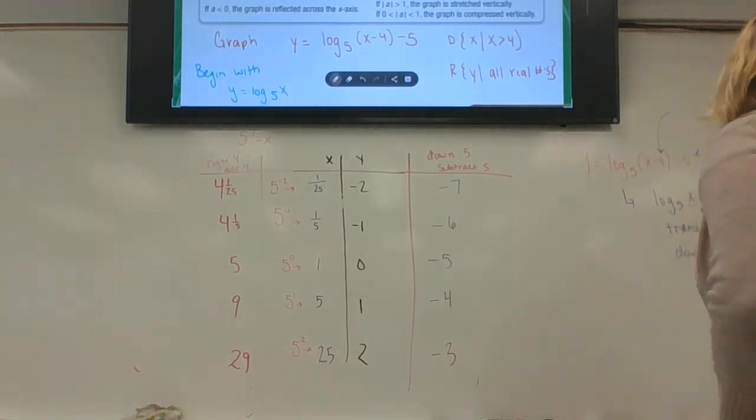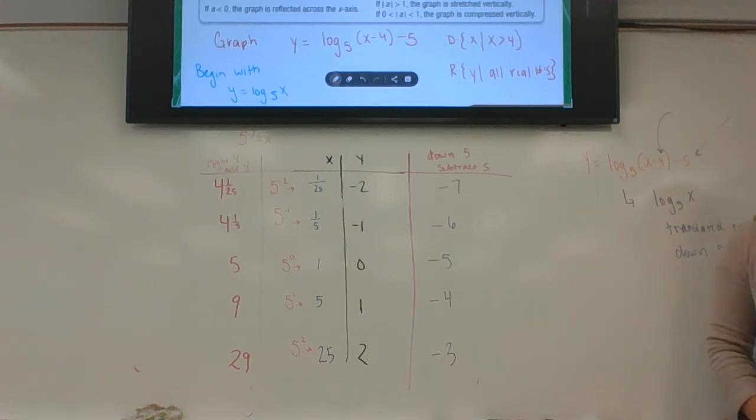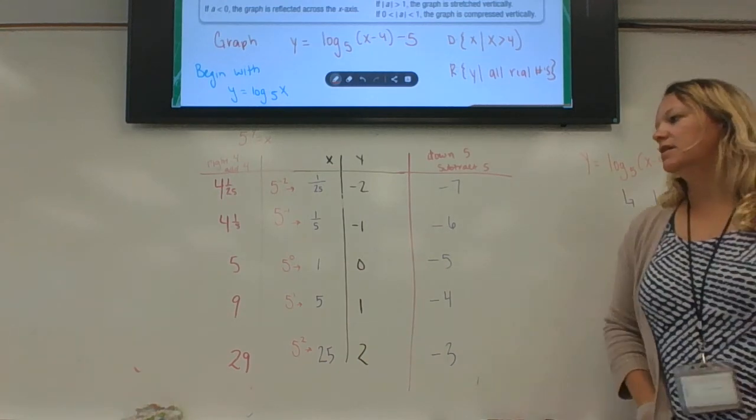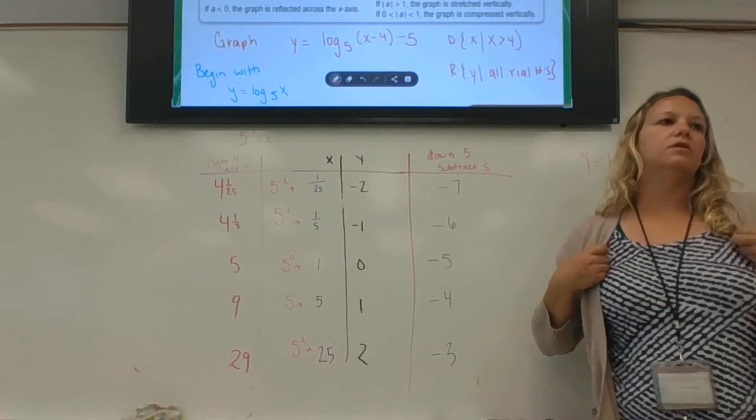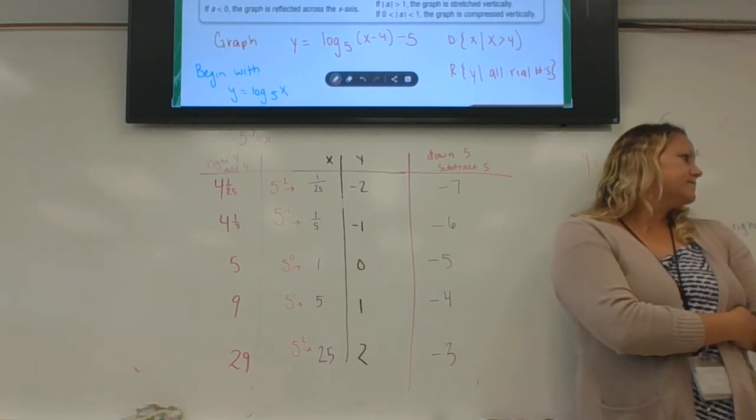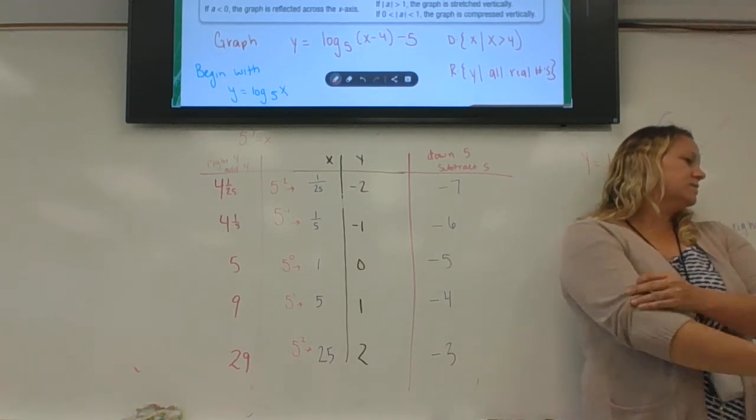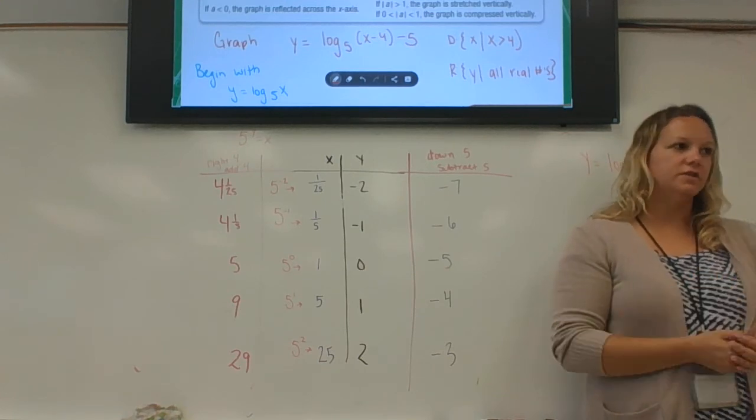So the shift right 4 is probably the most important part, is that you understand that this is pretty flat here. It gets really flat, but it doesn't cross. I recommend it, because you're already making the table. It's good for practice, good for accuracy, good for understanding.